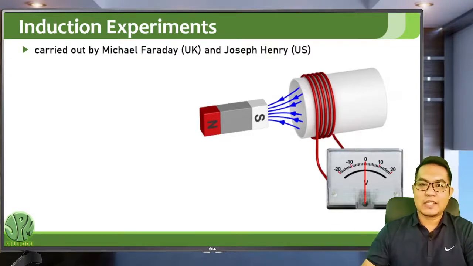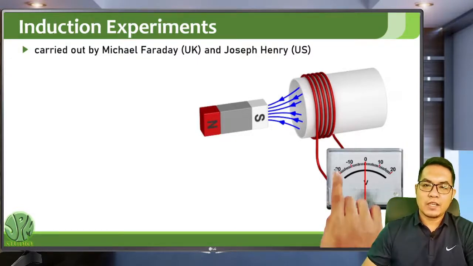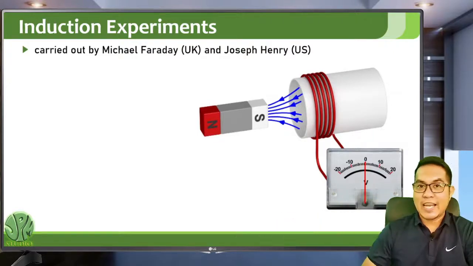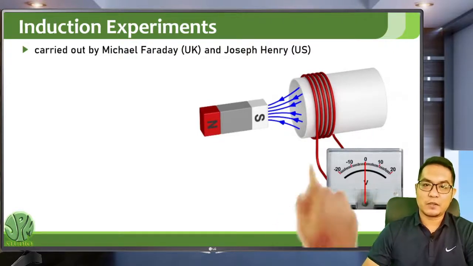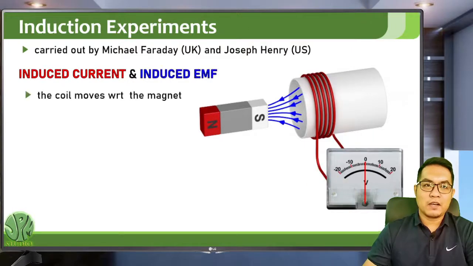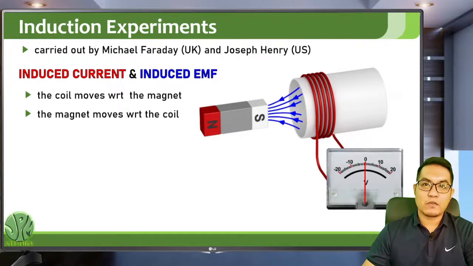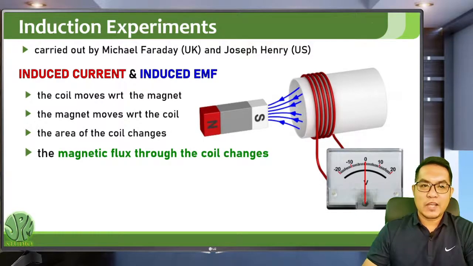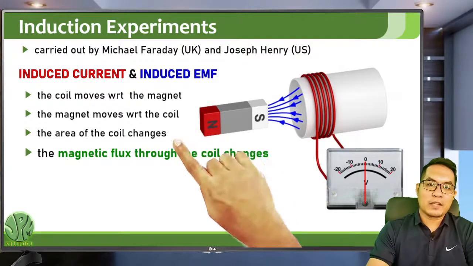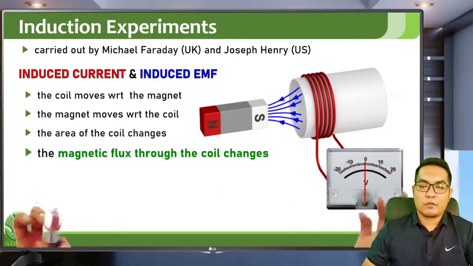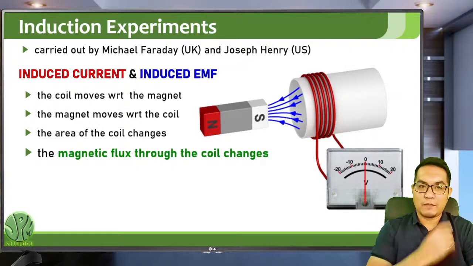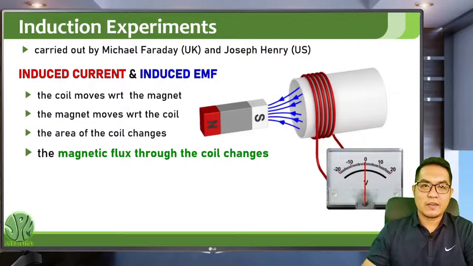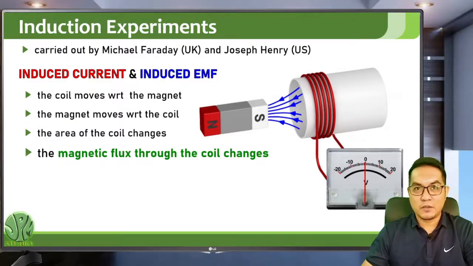And they noticed that the needle in the voltmeter moved, meaning there is an EMF induced in the coil whenever the coil moves with respect to the magnet, or the magnet moves with respect to the coil, or the area of the coil changes. In general, since the magnetic field and the area combined describe the magnetic flux, whenever the magnetic flux through a coil changes, there is an induced EMF and an induced current.